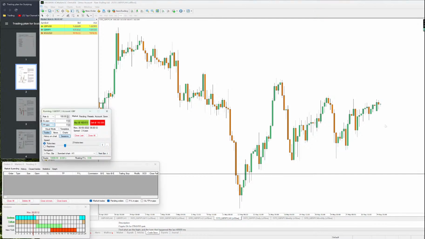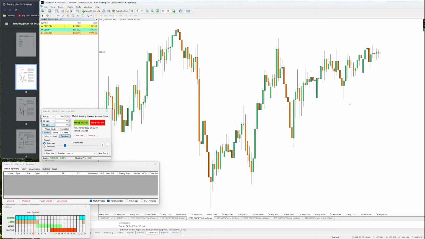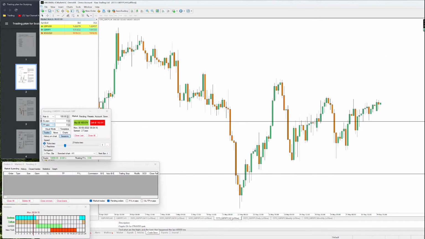The 4 hour looks to find a resistance somewhere over here. The 1 hour also is very, there's no trade until this level here. Look at these. How can you take a trade on this price action? This is so disgusting. 4 hour also here.